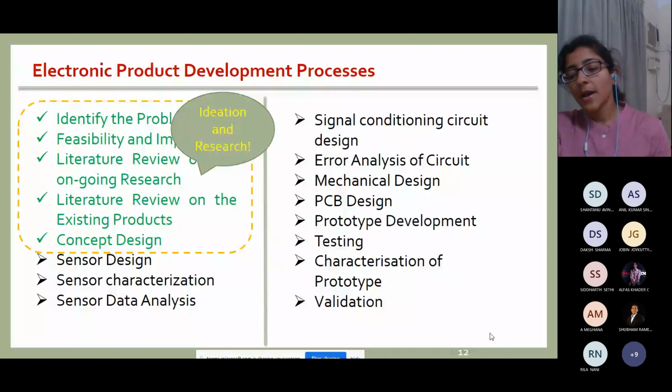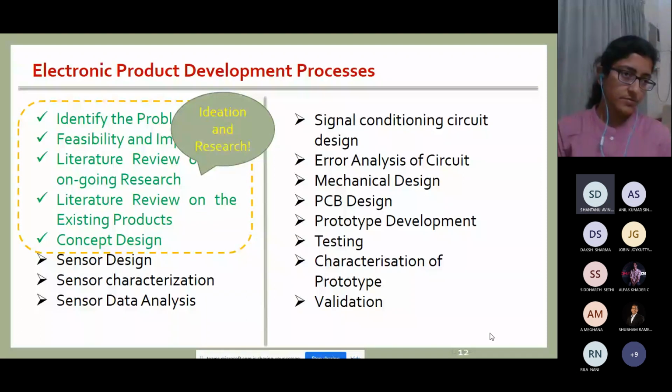By the way, can anyone differentiate between what is an electronic product and what is an electrical product? Anyone? Electronics has small voltage control compared to electrical products mostly.